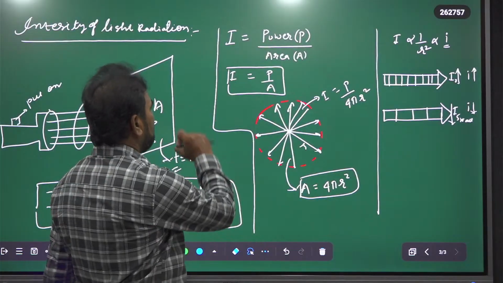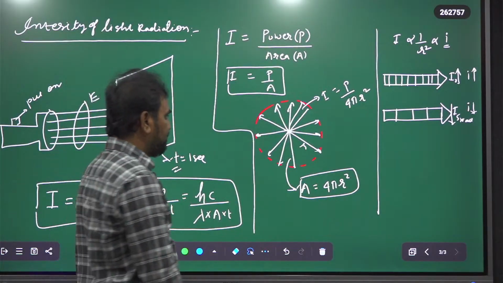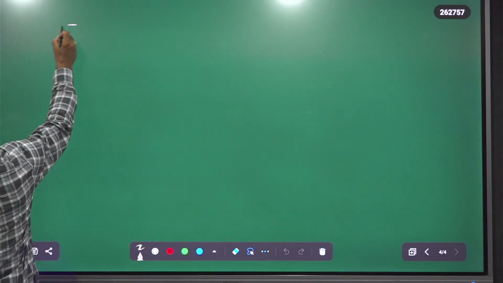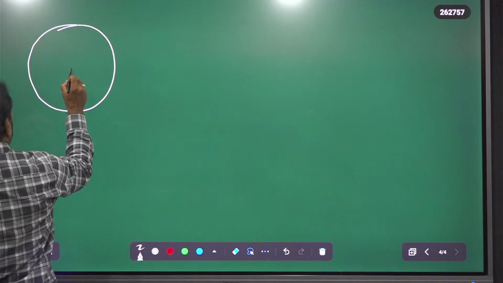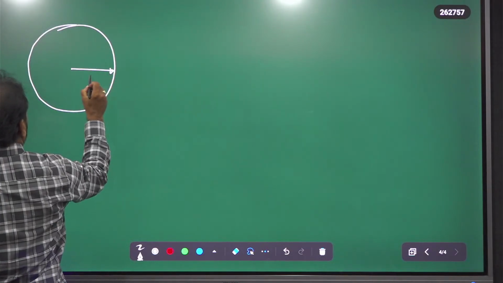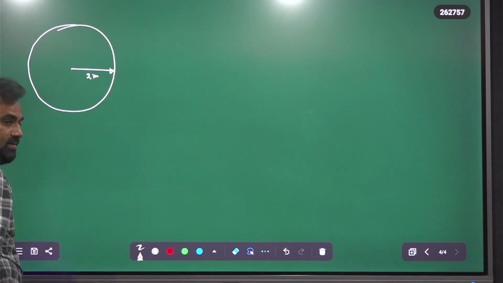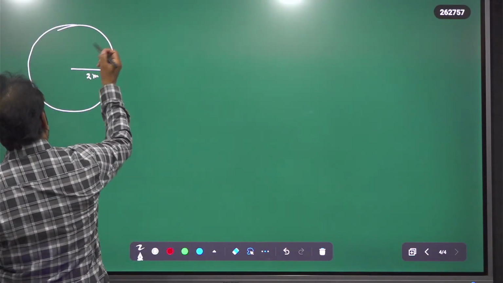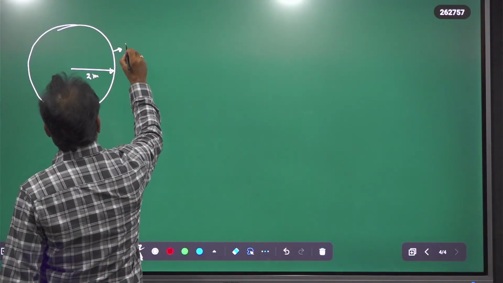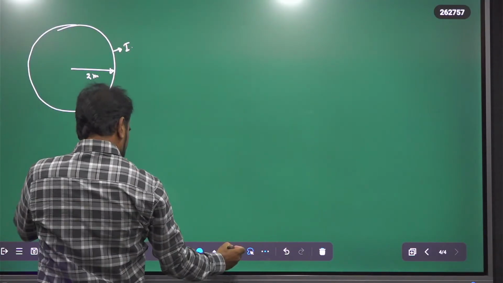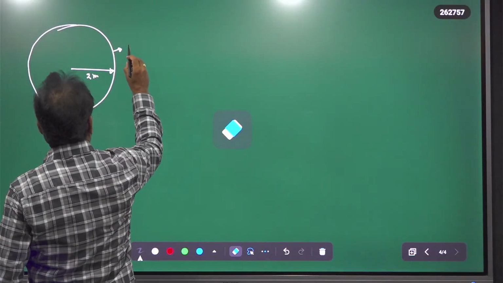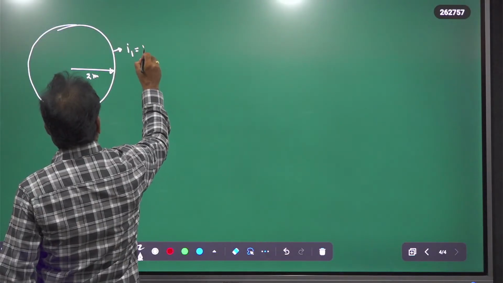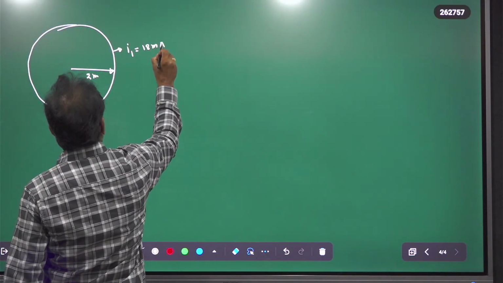Okay. See, based on the concept, problem C. Suppose we consider a point source. This is a point source with a radius of 2 meters, and it produces an electric current of I1 is equal to 18 milliamps.